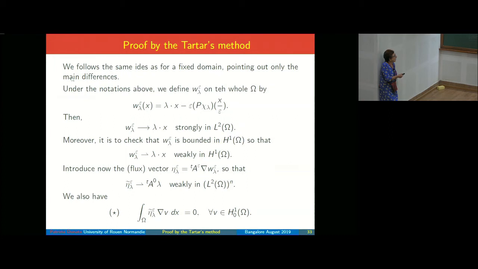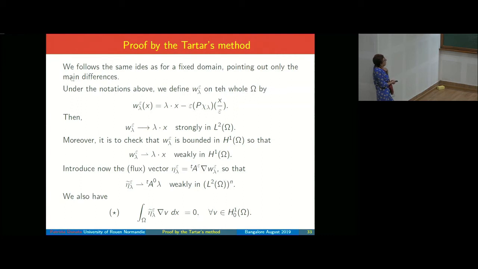You define W lambda epsilon equal to lambda dot x minus epsilon times the extension of the key lambda, computed in x over epsilon. Since this is bounded, multiplied by epsilon it goes to 0, so that W epsilon lambda strongly converges to lambda dot x.